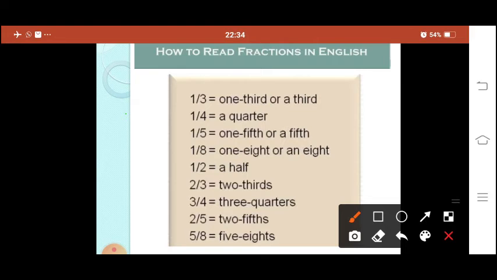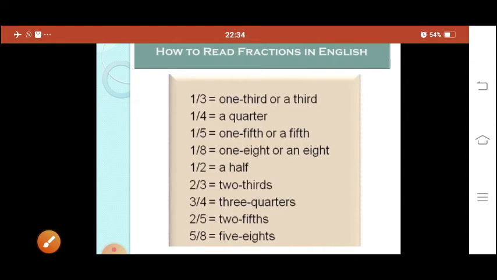Now how to read the fraction? 1 by 2 is half, 1 by 3 is one third, 1 by 4 is one fourth or quarter, 1 by 5 is one fifth or a fifth, 1 by 8, then 2 by 3, 3 by 4.